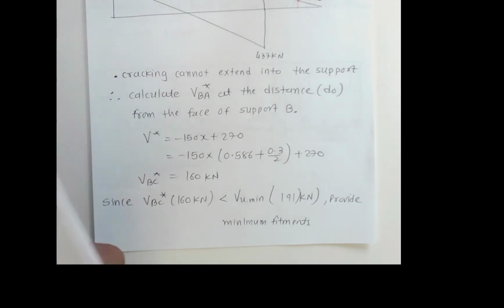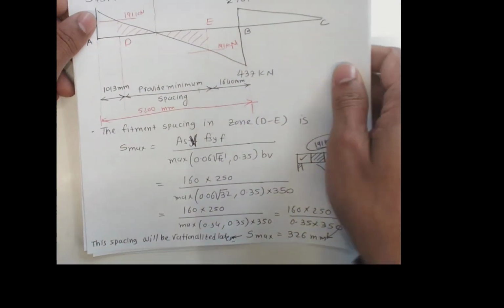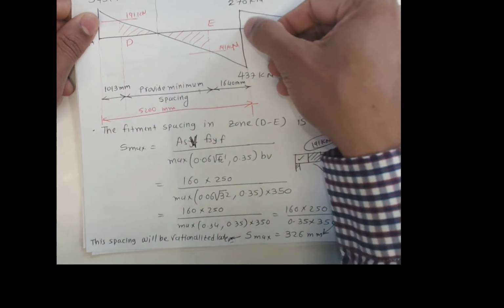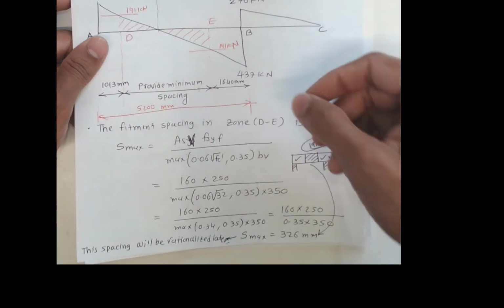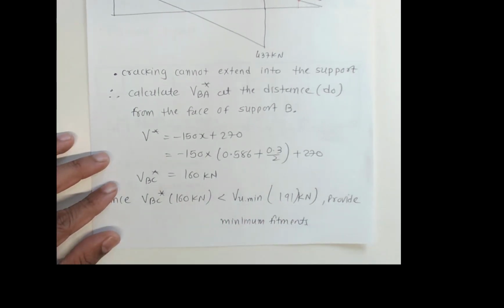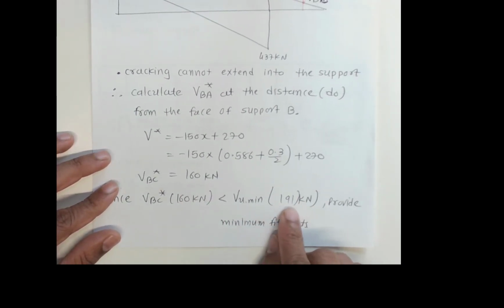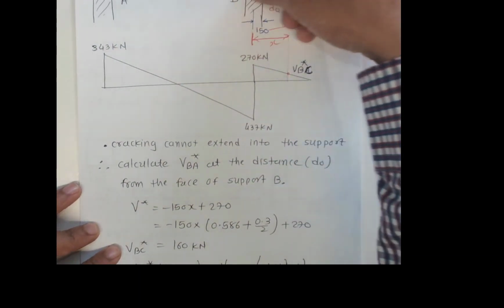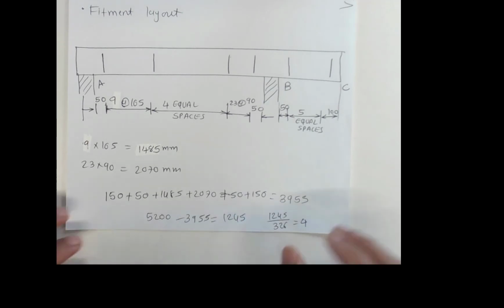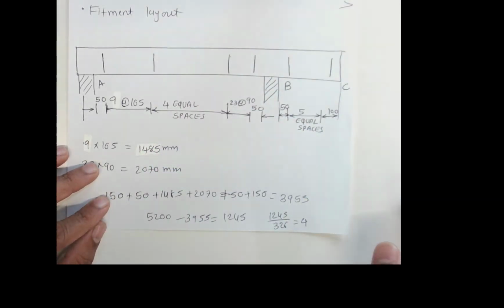Minimum fitments means that, if you remember, the VU minimum in this zone gave 326, so the same 326 can be applied here, because this design 160 is less than 191. If it is more than 191, then we can follow exactly the same procedure that we followed here. Thank you very much. Fitment layout will be explained in the next video.